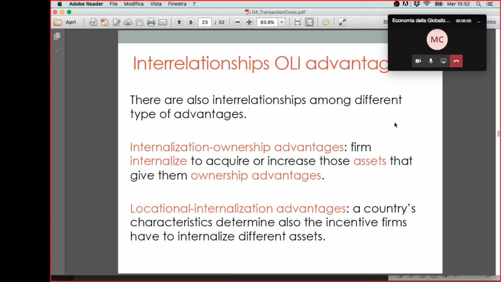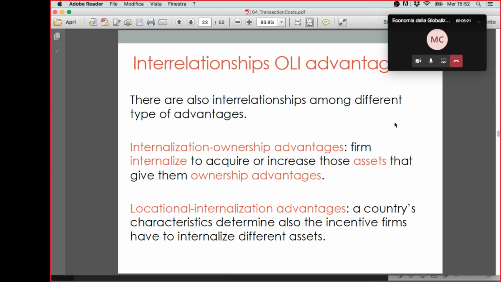The same can be the interaction between location and internalization advantage. For instance, the fact that you decide to acquire control over this Chinese company supplying the inputs via foreign direct investments is partly due to the fact, once again, that you operate in a sector that makes it very costly to use the market mechanism.